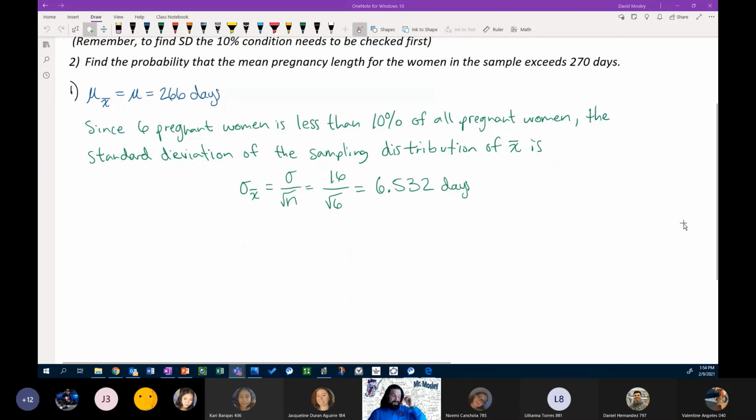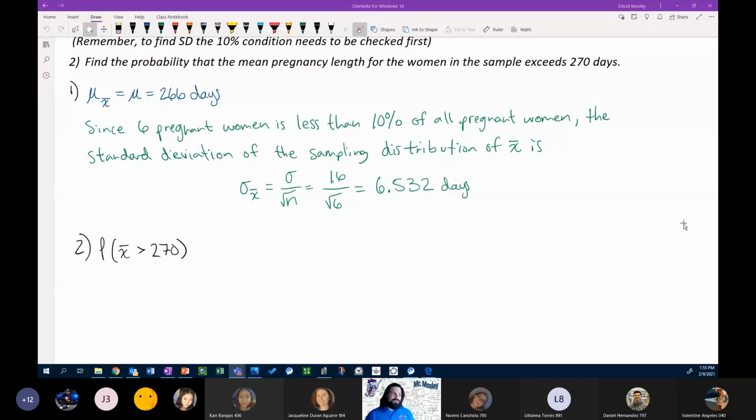Right, we already know that our sampling distribution is normal, approximately normal, because the parent population was approximately normal. So we're going to do this calculation using normal approximations, right? So that means we're calculating the probability that x bar is greater than 270.